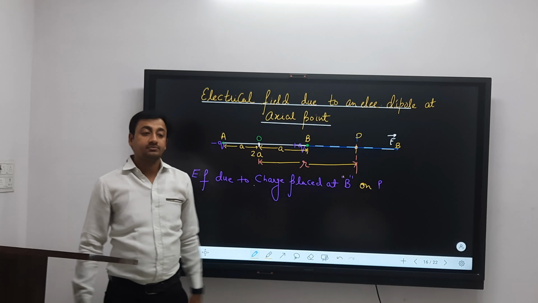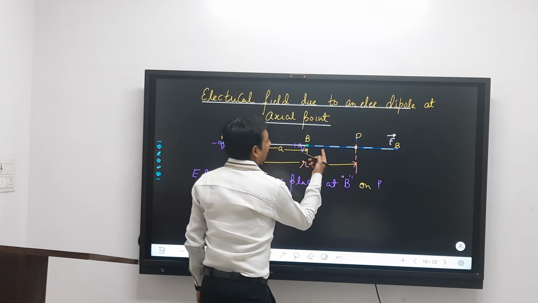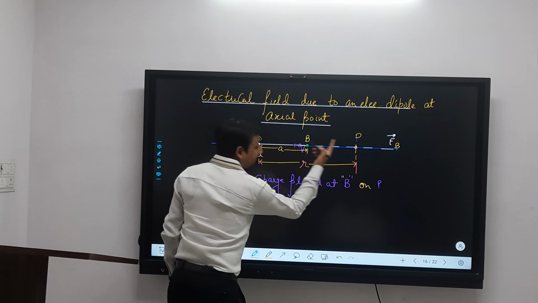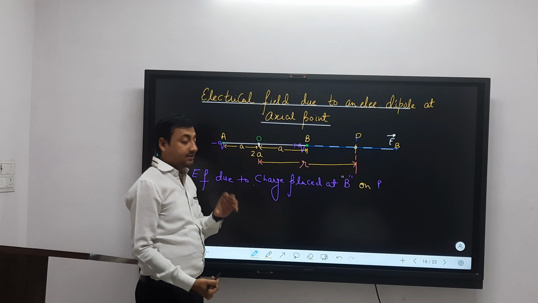In the same way, we have to calculate the electrical field at point P due to A. What will the direction be?